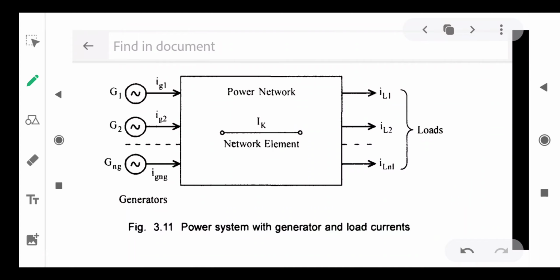So for the generalized case, let us take 3 generators now and derive the expressions. It can be extended to n number of generators. So here the power system network you already understood. This is the number of generators, transmission lines and loads connected together with the transmission network. So in each line, the current through the line is Ik.